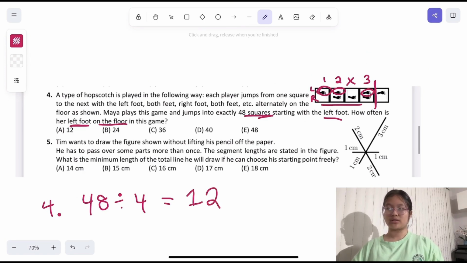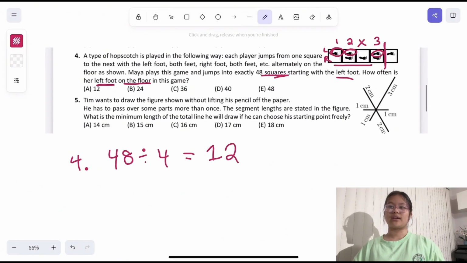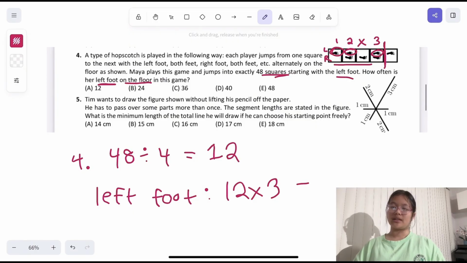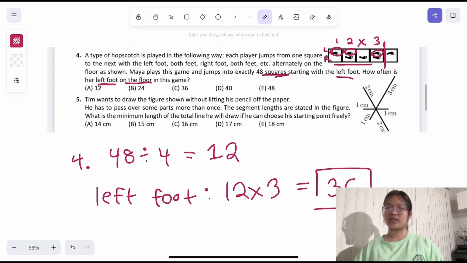So her pattern repeats 12 times. To find how often her left foot is there, we do 12 times the number of times her left foot is on in one pattern. So 12 times 3 equals 36. So our answer is 36. Her left foot is on the floor 36 times, which is C.